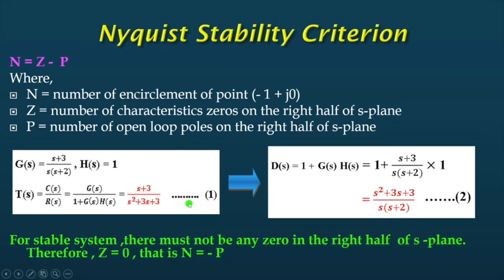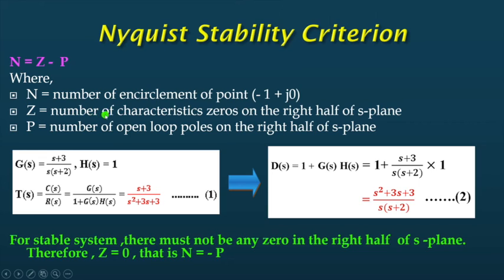And then consider equations 1 and 2. Here the numerator gives the characteristic zeros, which are equal to the closed loop poles. So in the G(s)H(s) plane, consider the characteristic zeros, because these characteristic zeros are equal to the closed loop poles.